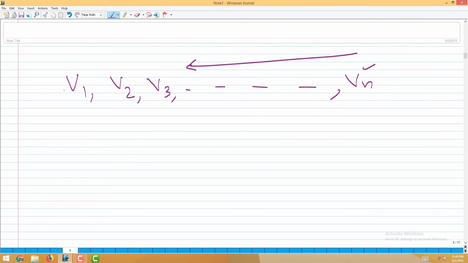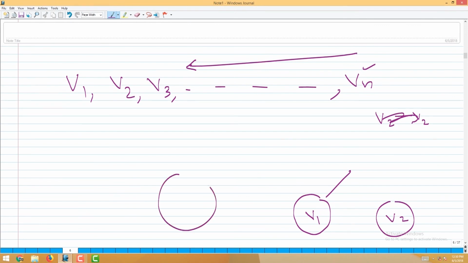So we consider Vn, and we just put Vn in a bag. And then we put V2. If V2 is separate, we can put it separate, but if V2 is adjacent to V1, then we will put V1 and V2 in the same bag.